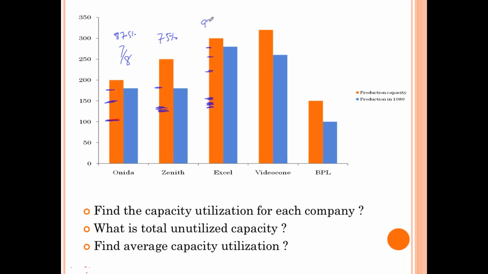So this will be around 93%. So this is half, and this is half. This is around 80%. So this is half, this is half of half, so this is around 70%.